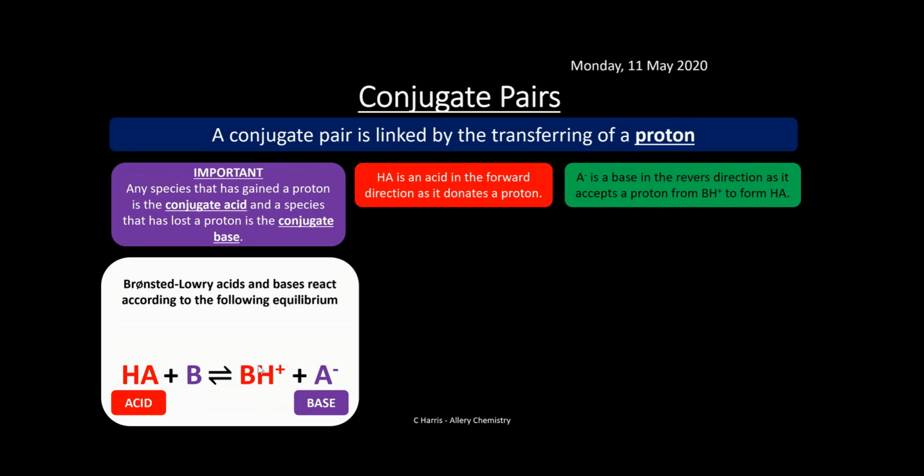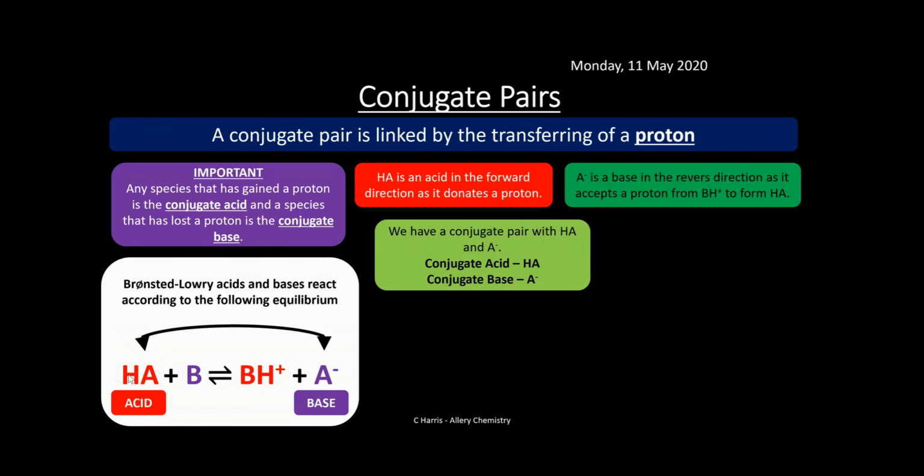And A minus is a base in the reverse direction as it accepts a proton from BH plus to form HA. So if you go backwards, A minus receives that H plus to form HA, which is your acid. So what we have here is a conjugate pair with HA and A minus. We've got the conjugate acid, which is HA, and the conjugate base, which is A minus. It's probably easier to draw diagrams like that because it helps us to see which is the acid and which is the base.